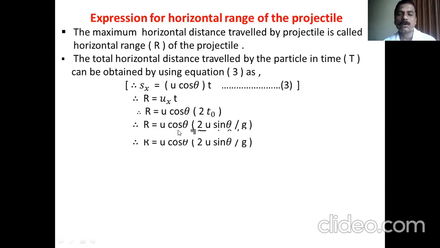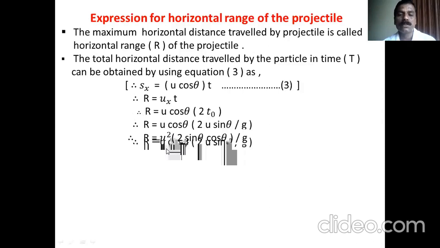R is equal to u cos theta times 2u sine theta divided by g. Now if you observe this, in the numerator you will find u square 2 sine theta cos theta, divided by g.